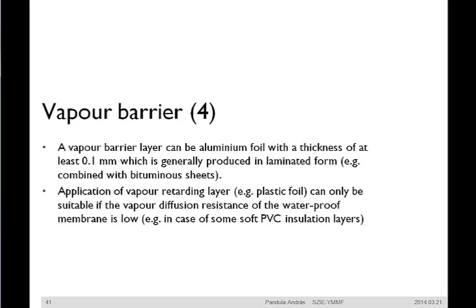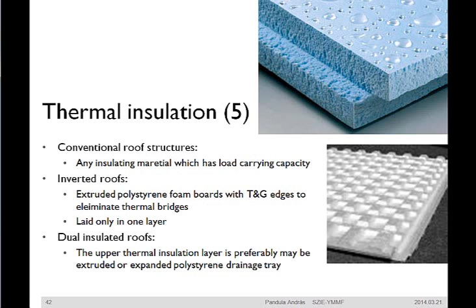In case of bitumen sheet waterproof membrane, due to the high diffusion resistance of the material, we could only apply aluminum foil to create an adequate vapor barrier. The next layer is a thermal insulation layer, which is marked with 5.